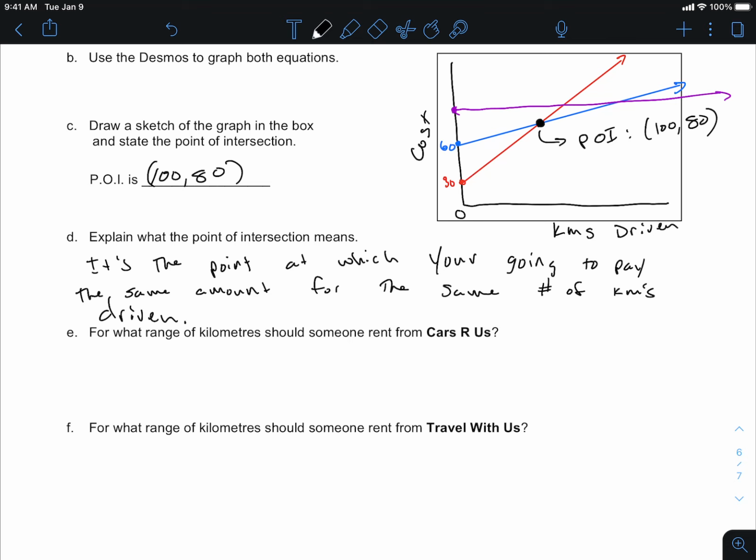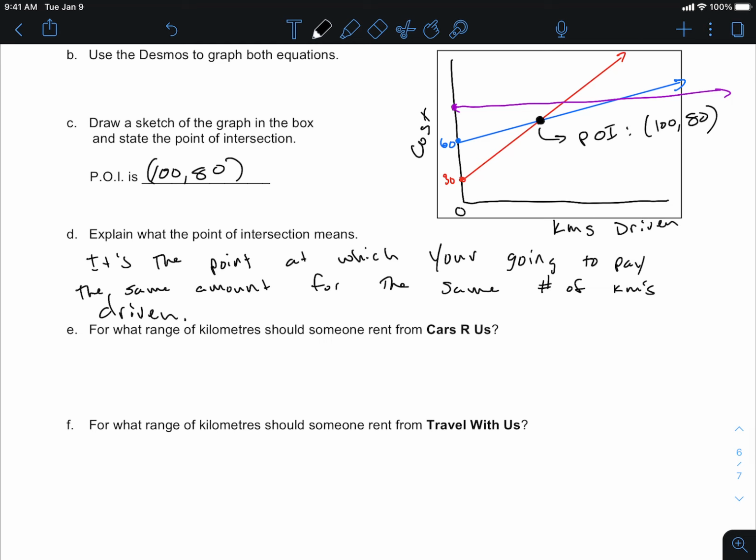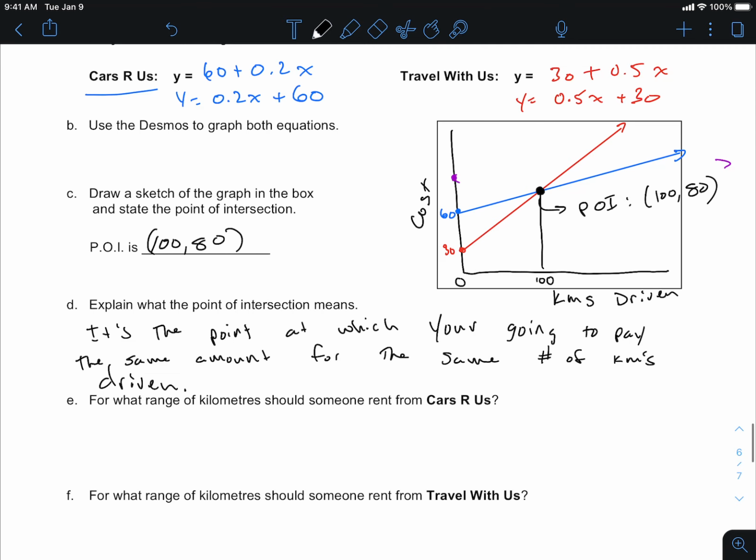So for what range of kilometers should someone choose Cars R Us? Cars R Us is in the blue. I'll get rid of the purple, because I think it's just adding some confusion. If this is the point of intersection here, this will be 100. I'm going to choose Cars R Us, the blue graph, when I am on this side of 100 kilometers because it's cheaper than the red.